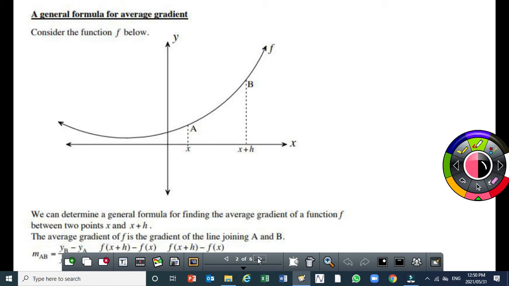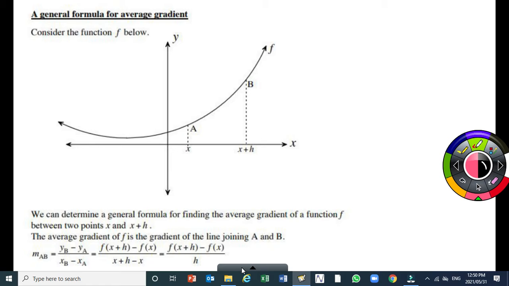All right. Now, we can come up with a general formula for the average gradient using function notation, and this is how we'll do it. So if you've got another function, this is more like an exponential function. Okay, it's not the exponential because that point is going up, but it's a nonlinear function. So at point A here, the value of x, we can call it x.